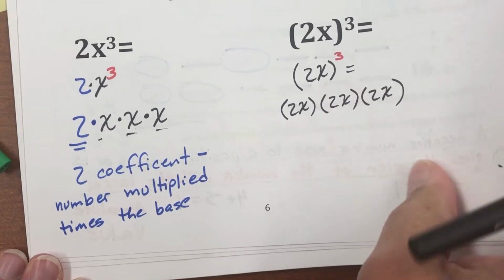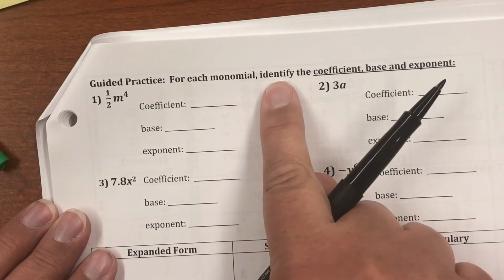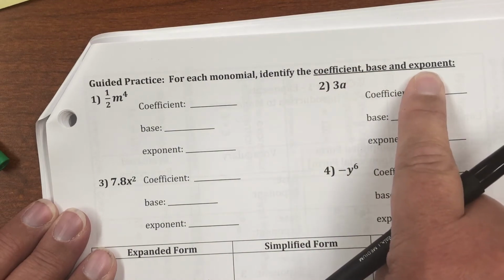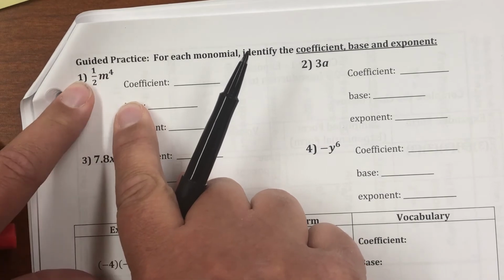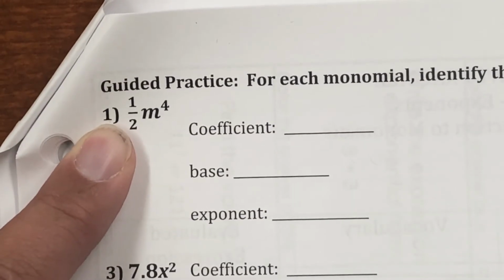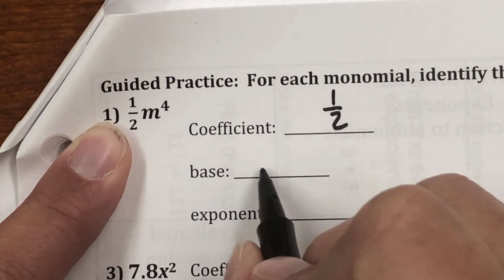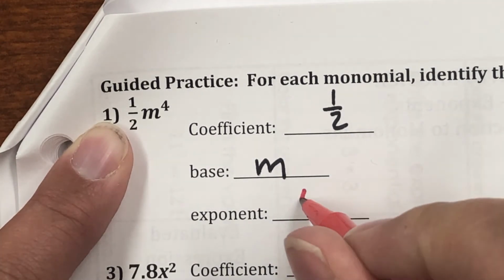Now, let's take a look over here. For each monomial, we're going to identify the coefficient, the base, and the exponent. So for this first problem, the coefficient is 1/2. Make this big enough so you could see it. 1/2 is being multiplied times the base, m, and my exponent is 4.